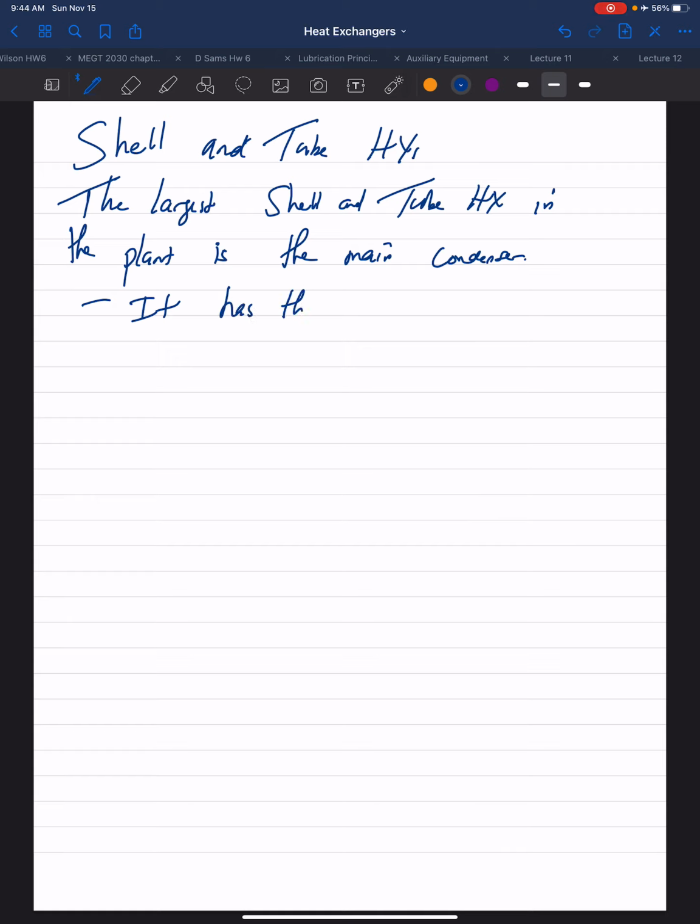It has thousands of tubes that carry the circulating water.